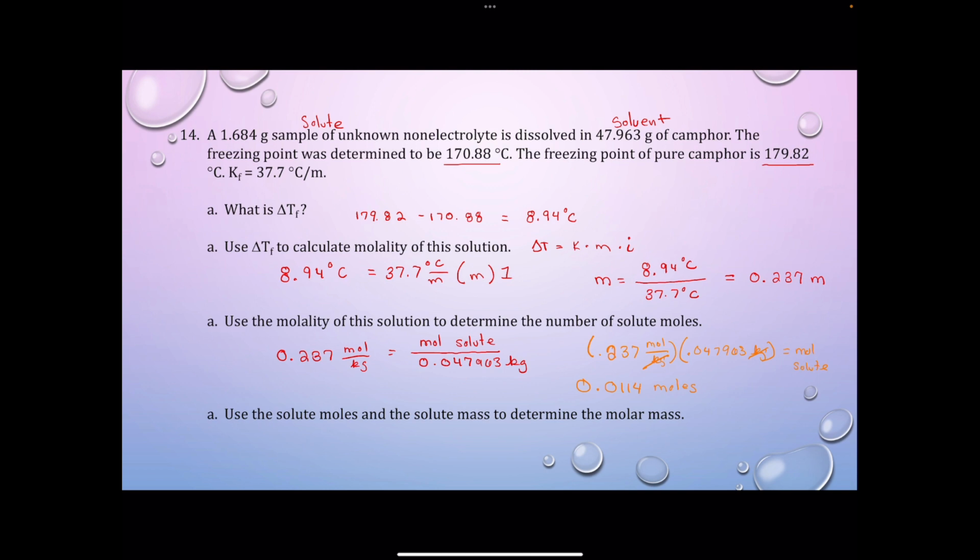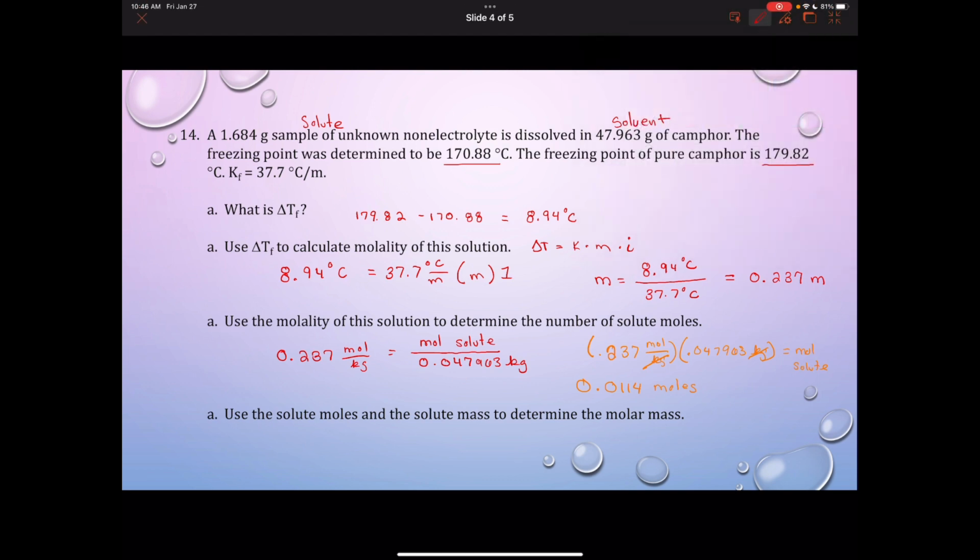Now, finally, we want our molar mass. So the molar mass of my solute equals moles of my solute, which is what we just determined. So molar mass is grams per mole.